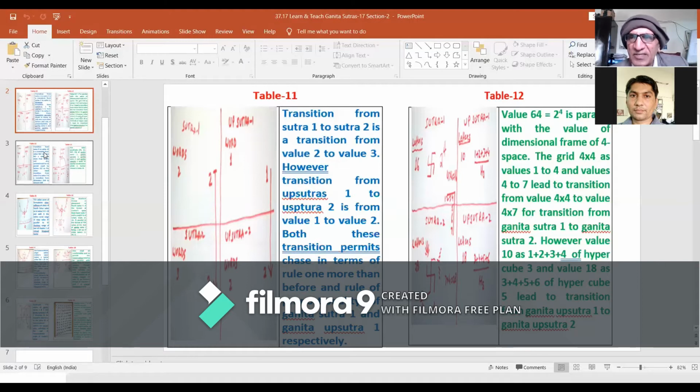Value 28 is of organization 4 cross 7. Therefore, it takes us to a 4 cross 7 setup, a 4 cross 4 grid within spatial order.